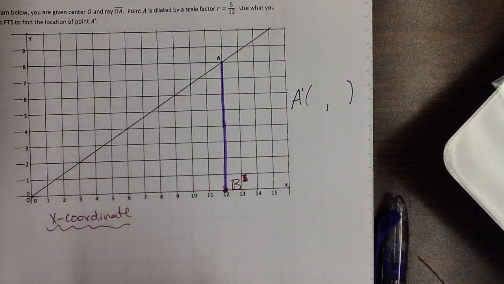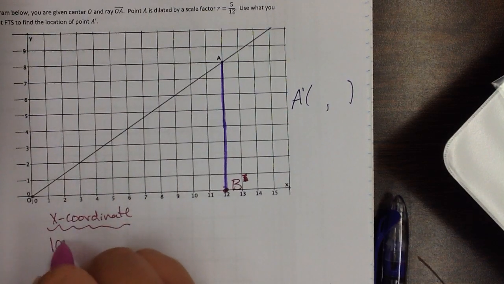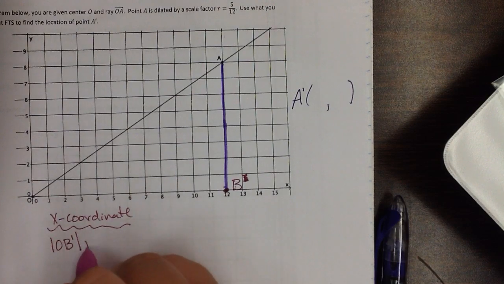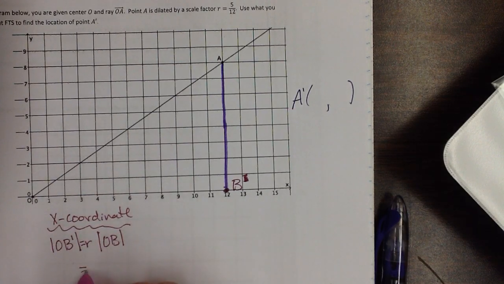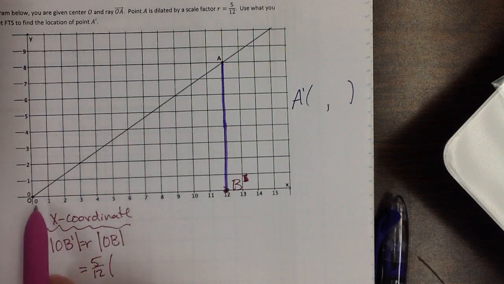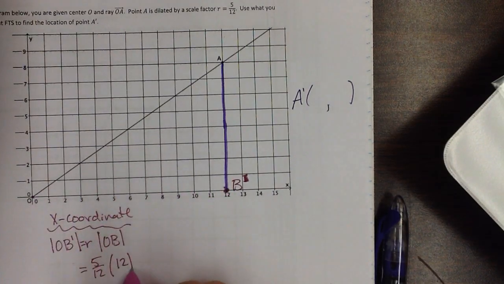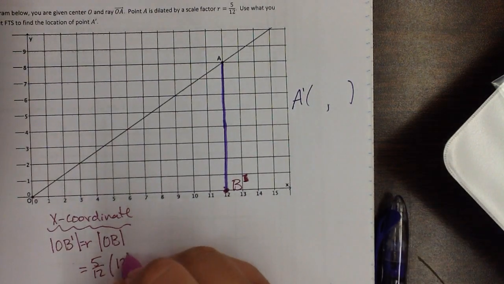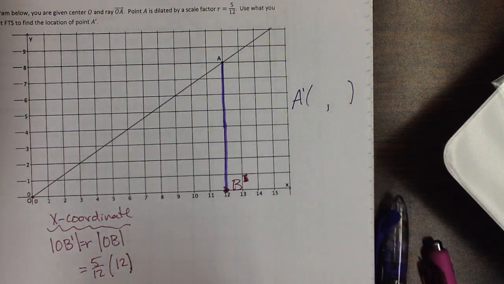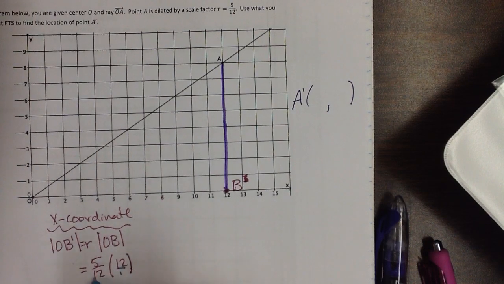Okay. So the distance from O to B prime would equal the scale factor times the distance from O to B. So our scale factor is 5/12 times the distance from O to B, which is 12. Now, we can simplify this first. We put this over 1.